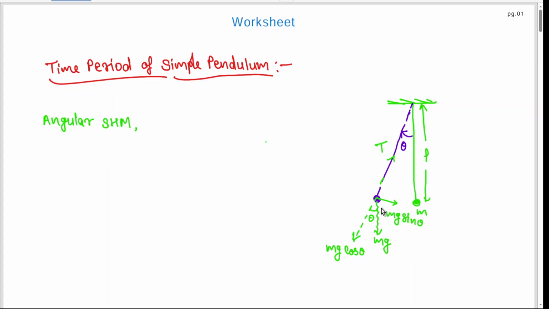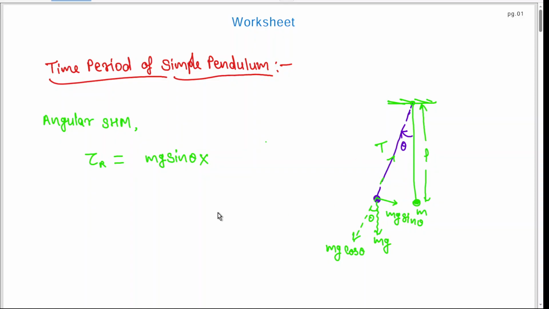So this force will create some torque about this point, right? So I am going to write that torque only. So tau restoring, that is restoring torque, will be equal to force mg sin theta multiplied by the perpendicular distance from the point of rotation.